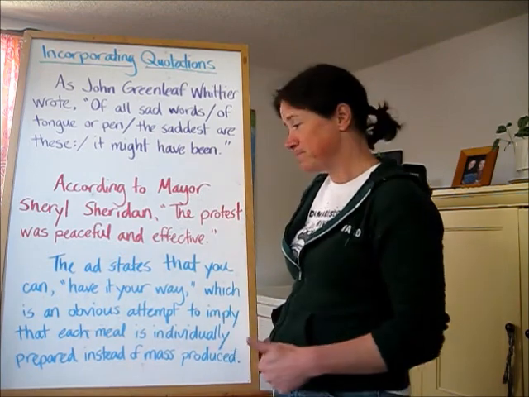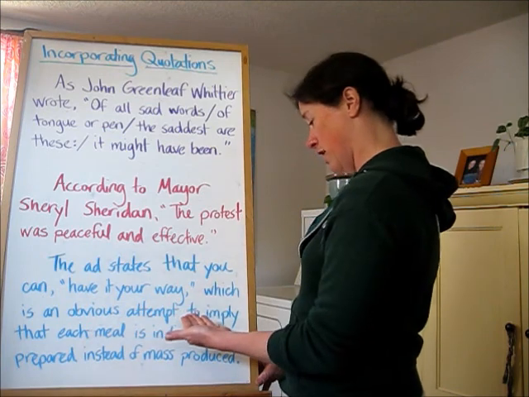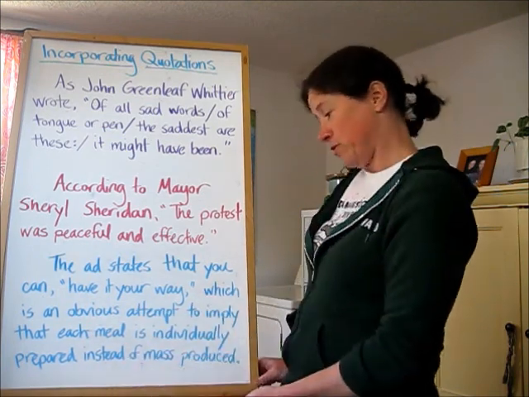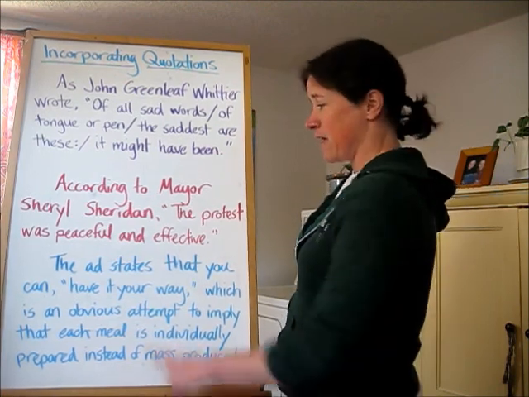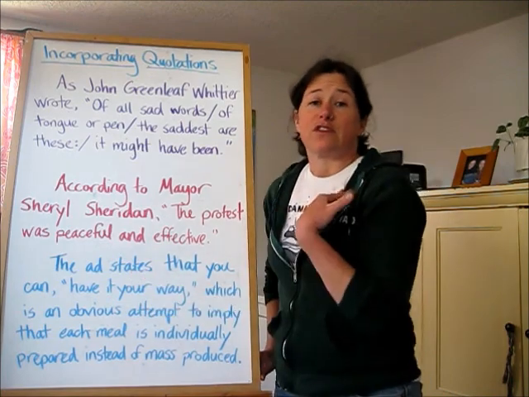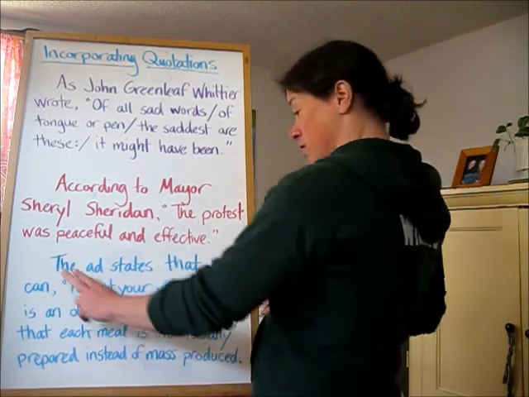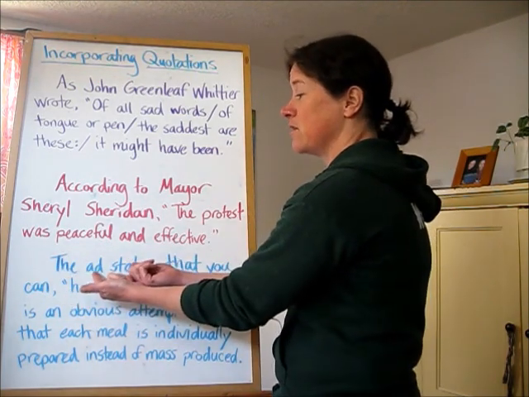And on the final one, the ad states that you can have it your way, which is an obvious attempt to imply that each meal is individually prepared instead of mass-produced. So there, same thing. The ad states serves as our signal phrase. It lets the reader know that when they see this thing in quotation marks here, it has come from an ad.